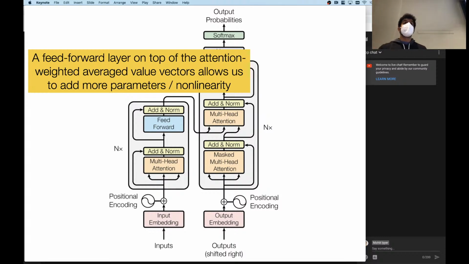This feed-forward layer at each block, if you count up all the parameters in the model, these feed-forward layers tend to dominate the parameter count. So the transformer's parameters are largely the feed-forward layer that occurs right after the concatenation of the head vectors. So this is where you get some size into your model.